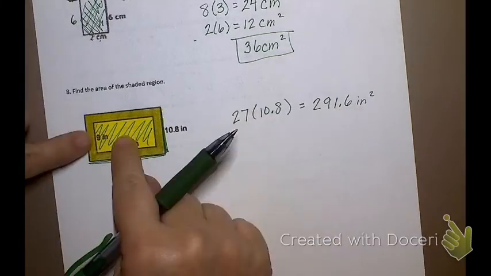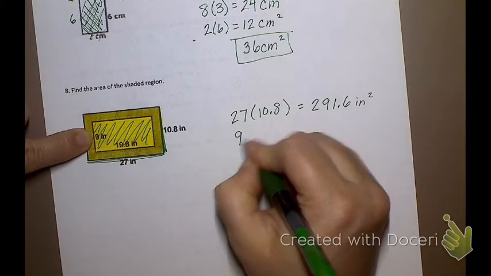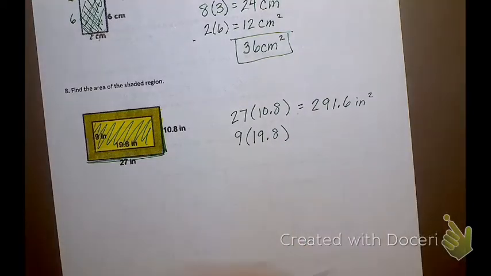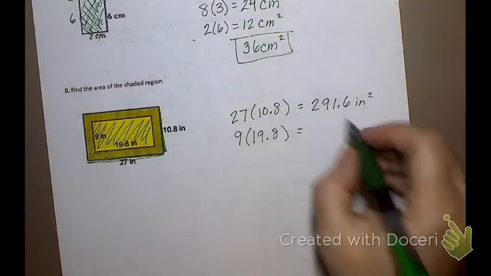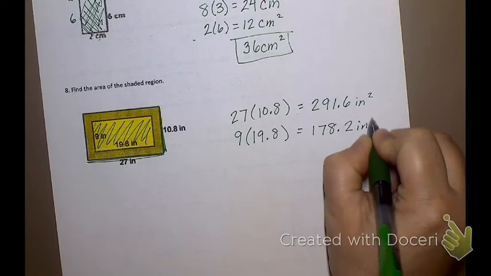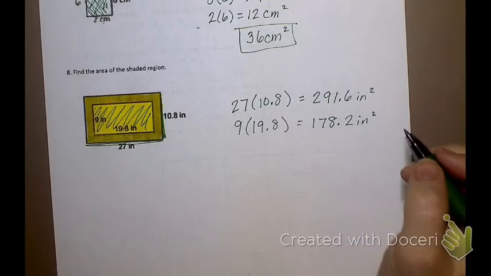So how do I find the area of that part? 9 times 19.8. What'd you get? I got 178.2 inches squared.